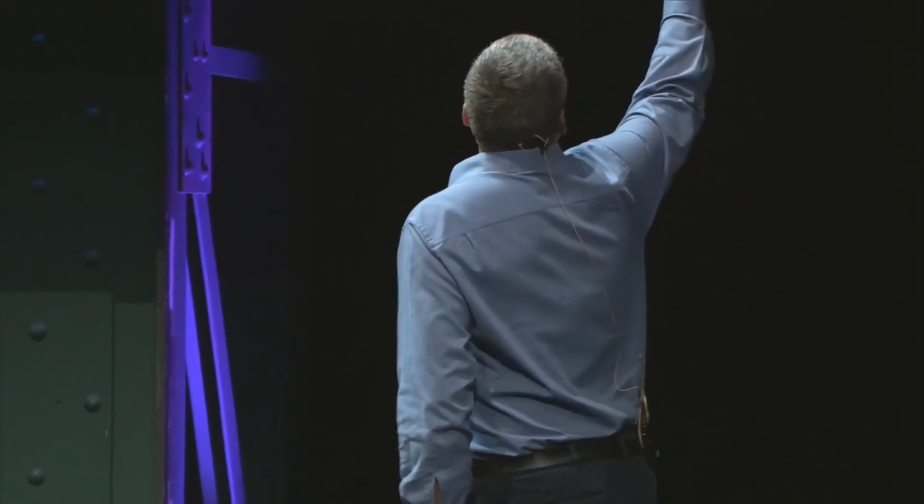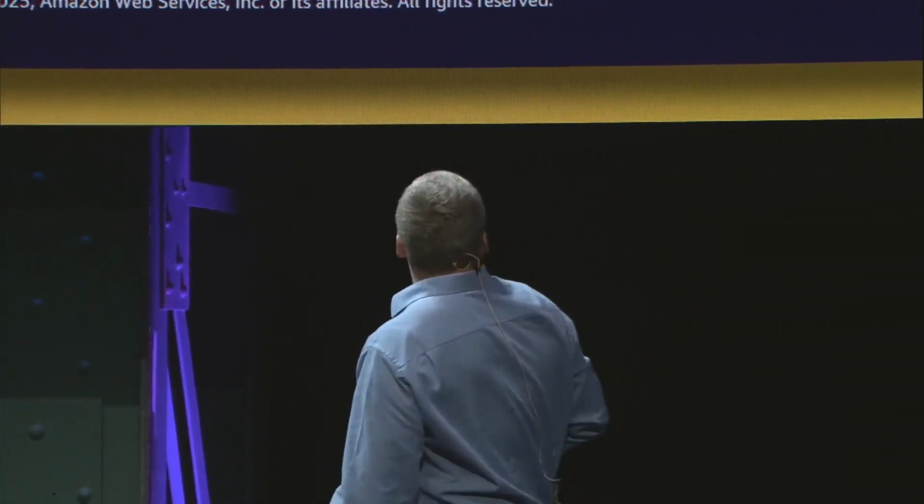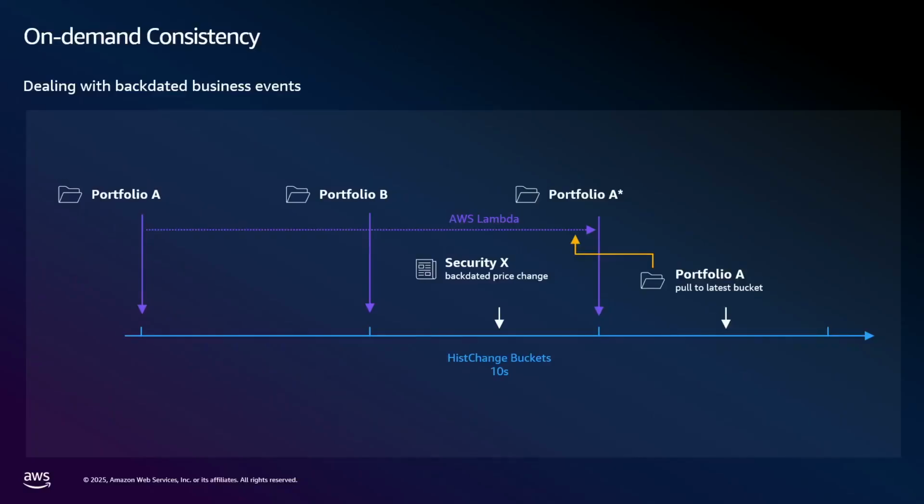In our case, when this kind of backdated event happens, at that point in time we do nothing. But when an entity is consumed, for example in an ad hoc report, a periodic report, or a controlling, at this point in time the entity is responsible to bring itself into a consistent state. Concretely, in these arrows we see a business event, a backdated security price change, and then later on portfolio A is consumed, for example for periodic reporting or a loss control.